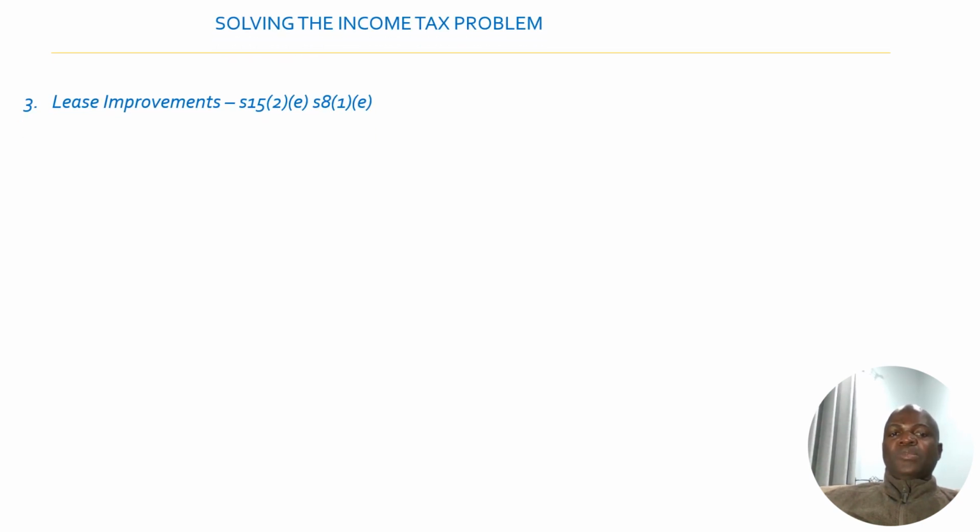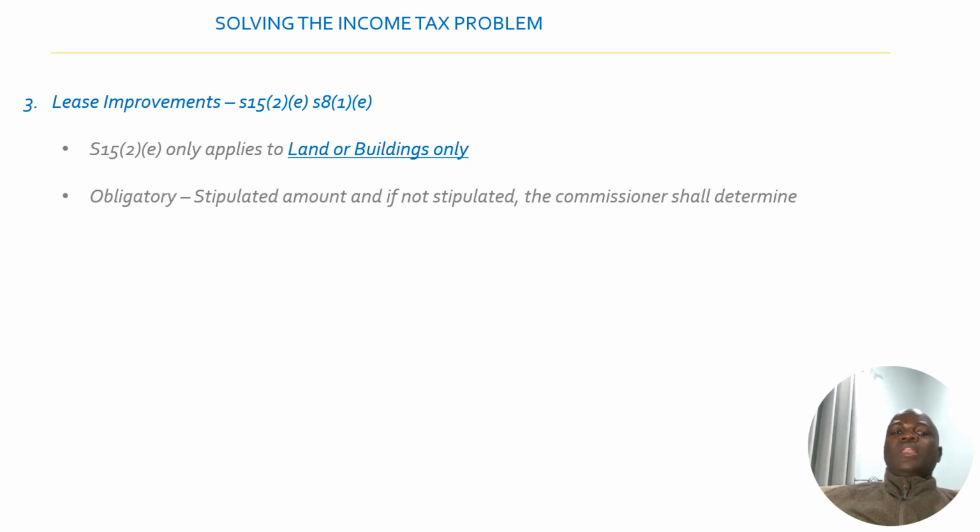Continuing with the income tax problem on lease improvements. With lease improvements, for both the lessor and the lessee, there's a specific provision that complements the general provisions. For the lessee, in terms of the deduction of improvements, section 15.2E applies to improvements on land or buildings only. These could be obligatory, where the contract stipulates an amount that someone can improve those assets. If not stipulated, the commissioner can determine a reasonable amount.